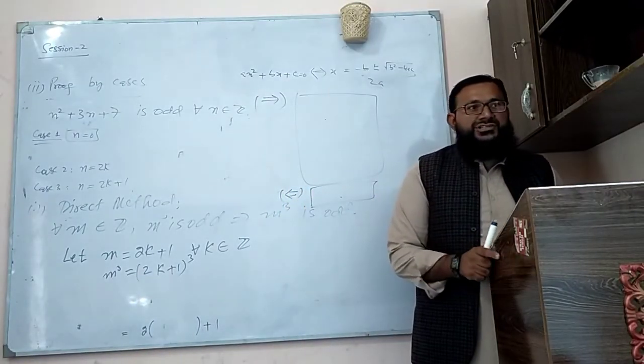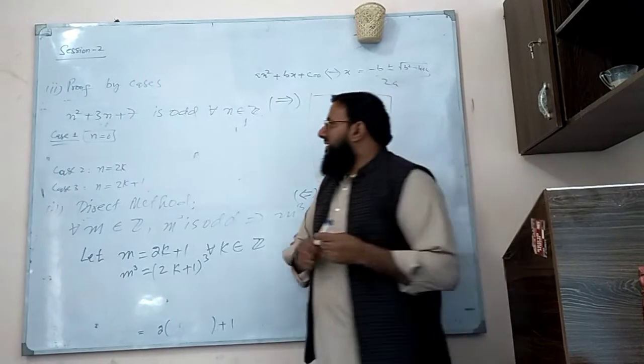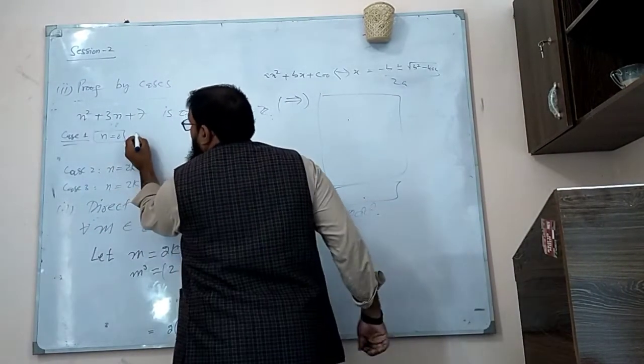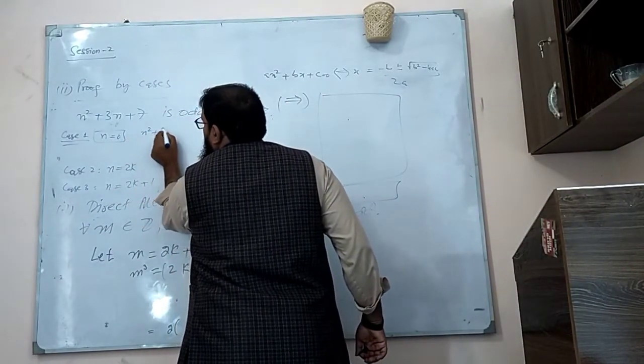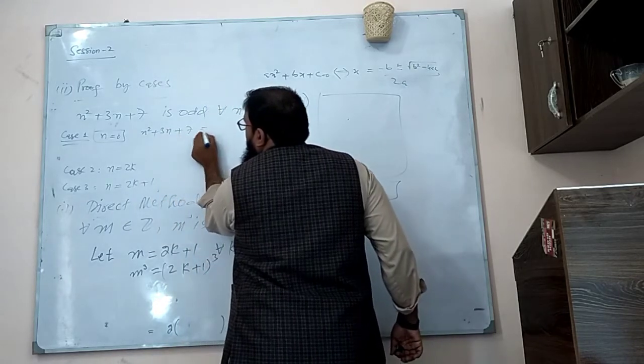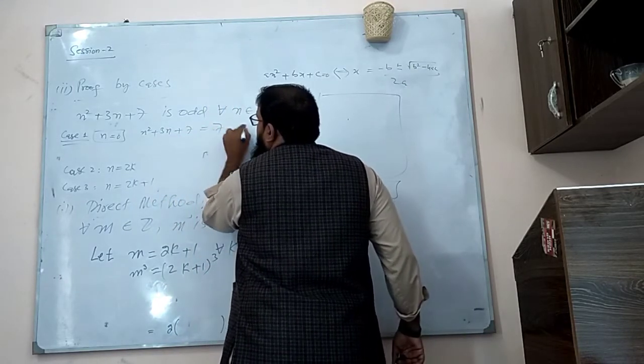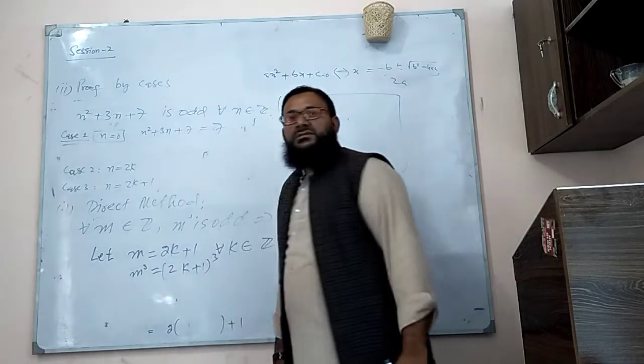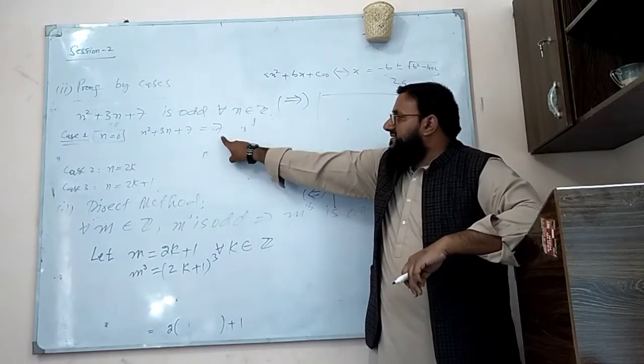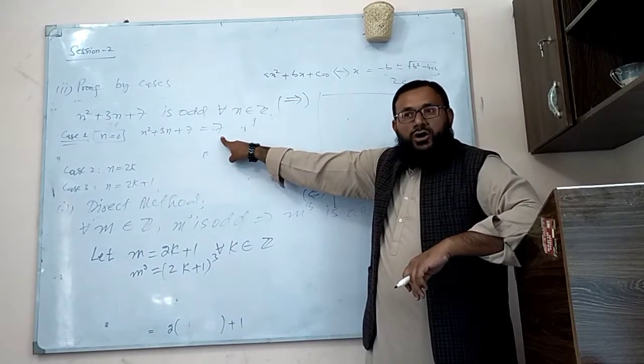You can do it in this way. If you put 0 here, it's straightforward. n squared plus 3n plus 7 becomes 7 if n is 0, and the result is an odd number.